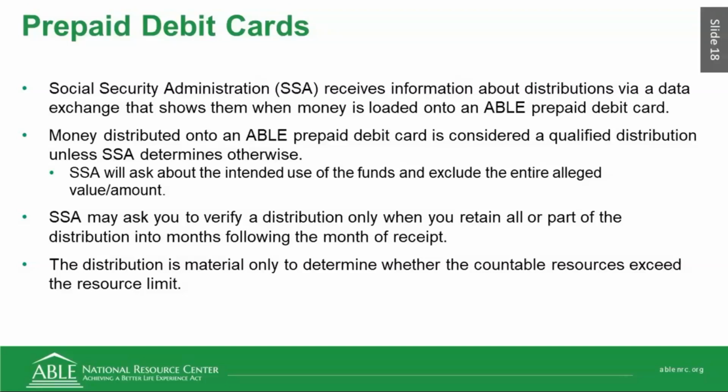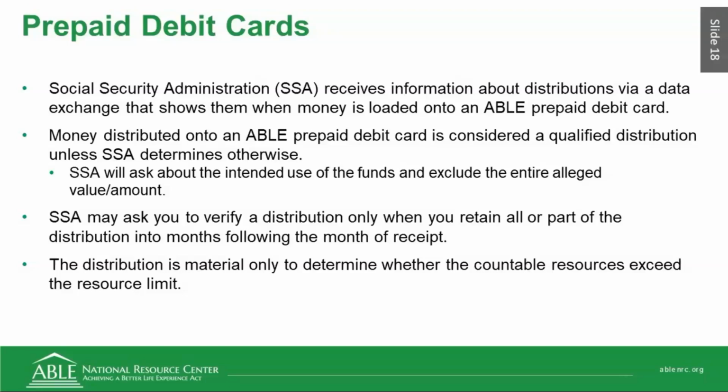The monies on that card, it's considered as a qualified disability expense for usage unless they determine otherwise. And there's no explanation of what that means in the POMS. So if funds are used reasonably, and I think if they're used appropriately for qualified disability expenses that we'll discuss, I would find it hard to see that there would be any issue with Social Security on that.